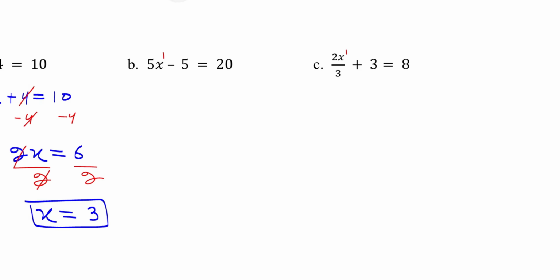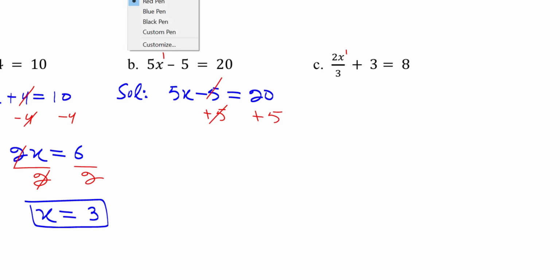Now to solve the next question, as I said, you will first write the equation the same as it is: 5x minus 5 equals 20. Here you will add 5 to both sides. Why am I adding? Because 5 is in subtraction, so you will use the opposite operation, addition.